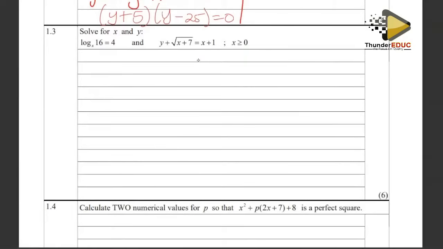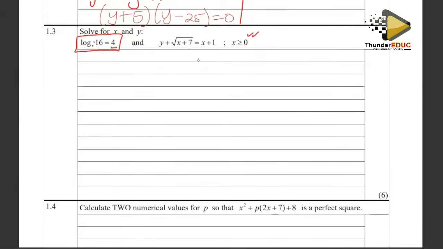So log 16 base x is equal to 4. y is equal to this. And then they are telling us that x needs to be greater than or equal to 0. So what I believe they wanted to test is basically your knowledge of converting log form into exponential form and something of the sort.